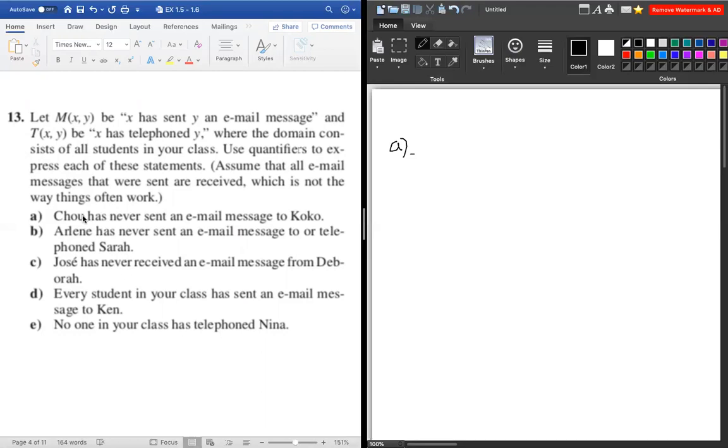Okay, we have Chow has never sent an email message to Coco. So now how can we represent this? This represents X has sent an email message to Y. Because Chow has not sent an email message to Coco, we will represent this using the negation.